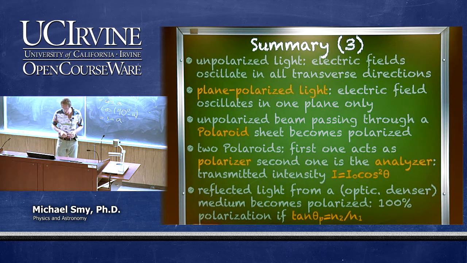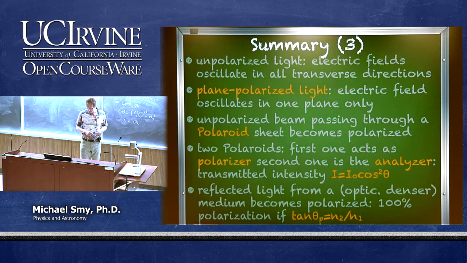And if you have two Polaroid sheets, then the first one acts as a polarizer to turn the light into polarized light, and the second one is the analyzer. And if you tilt the two axes of the two Polaroid sheets by an angle theta, then the intensity passing through is proportional to the cosine squared of that angle.